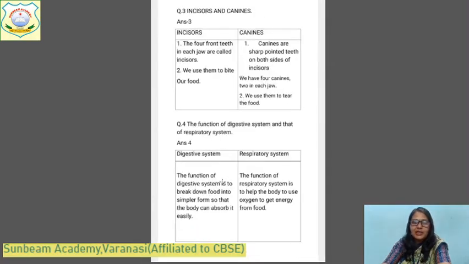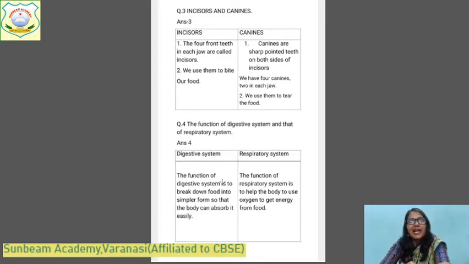Now come to question number 3. Write the difference between incisors and canines. What are incisors? Now you have learned very well after making the model, na? The 4 front teeth in each jaw are called incisors. And what is the use of incisors? We use them to bite our food.